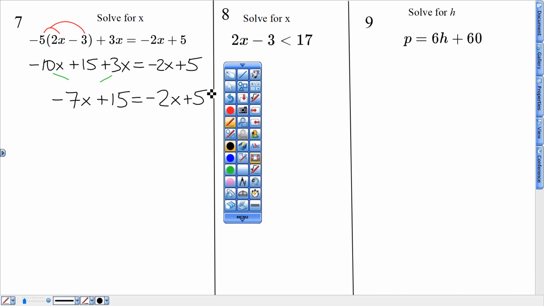And then I could see right there, that is my variables on both sides form. So I'm going to start with getting rid of the 15 on the left. That's going to bring down this -7x, and this equals this -2x.